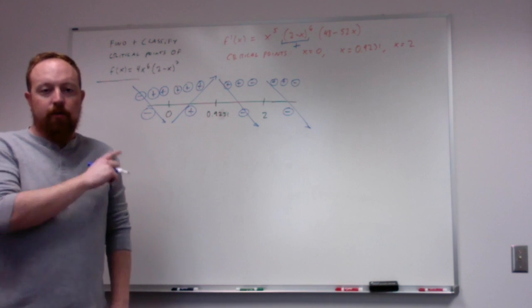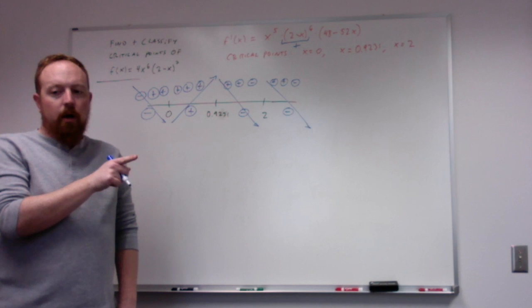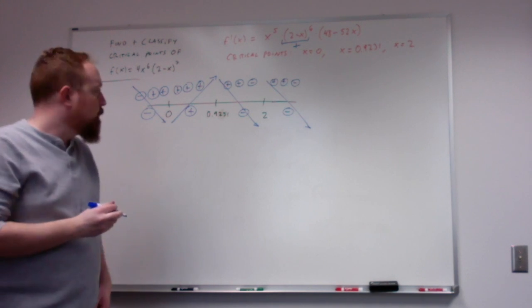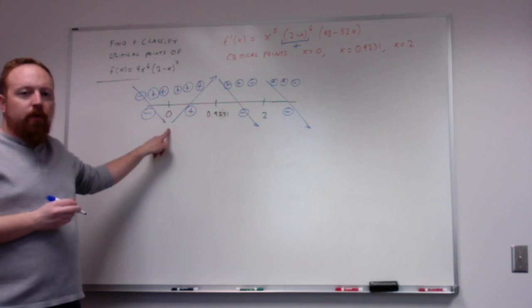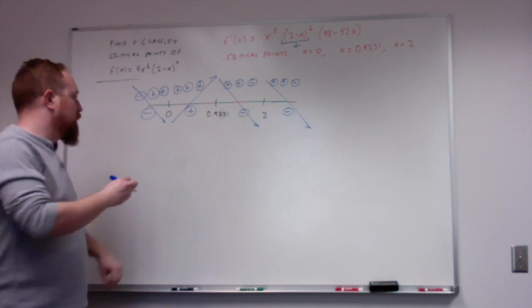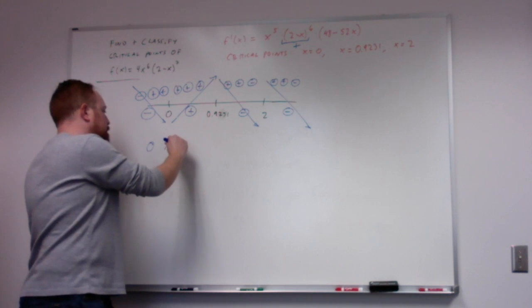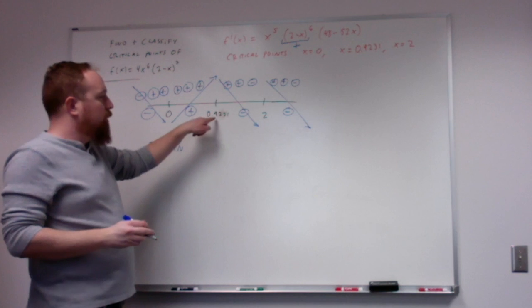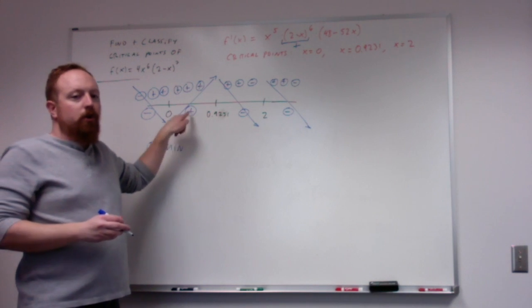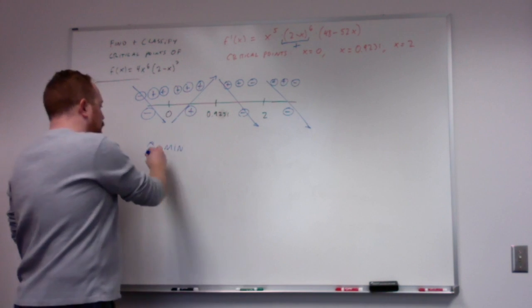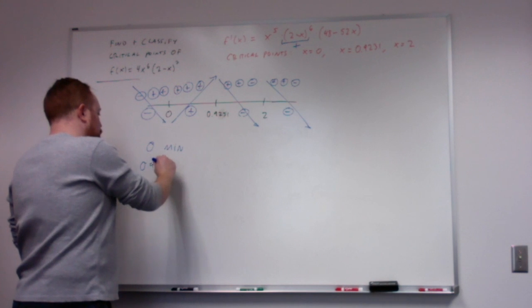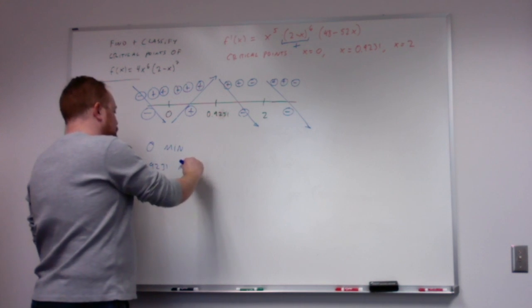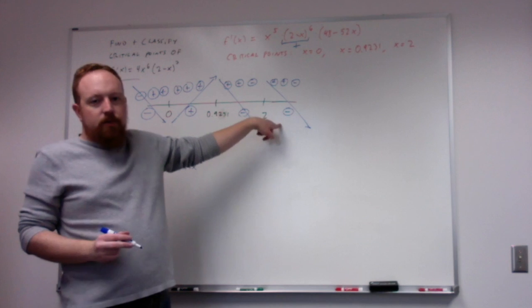Now we can read off from our sign diagram here what the kinds of critical points are. Since here at 0, the function goes from decreasing to increasing, 0 is a minimum. Here at 0.9231, the function goes from increasing to decreasing, and so 0.9231 is the location of a maximum. Here at 2, something weird is happening.